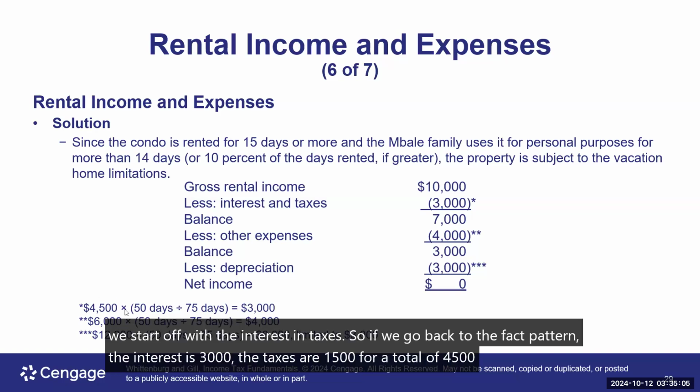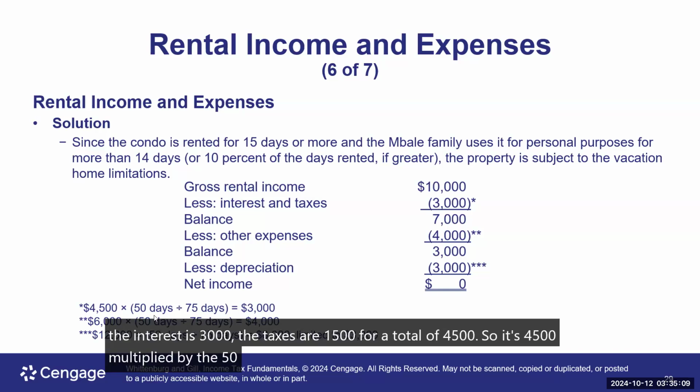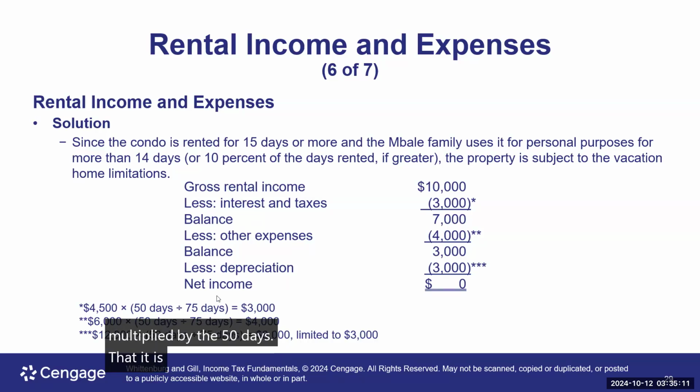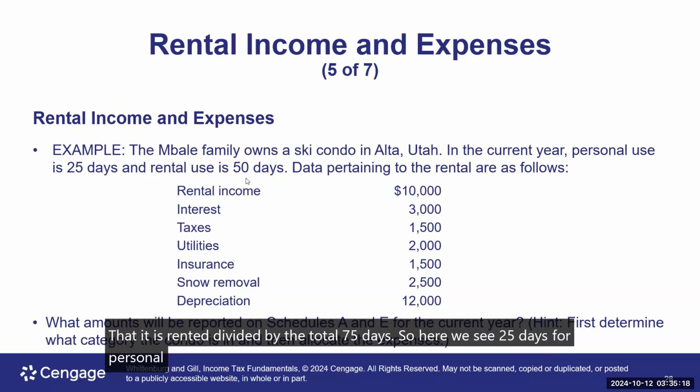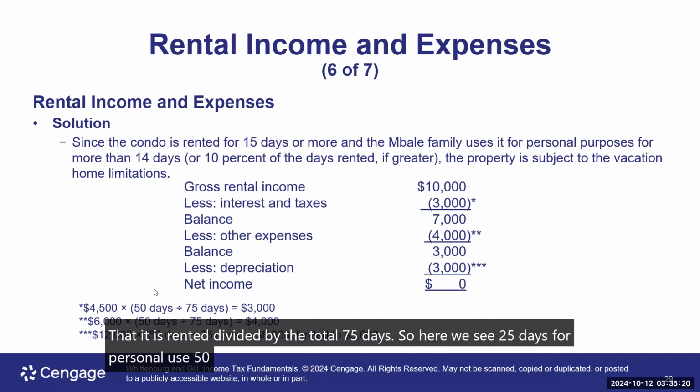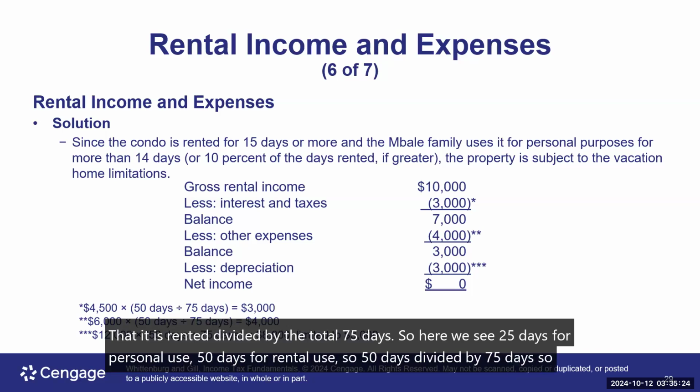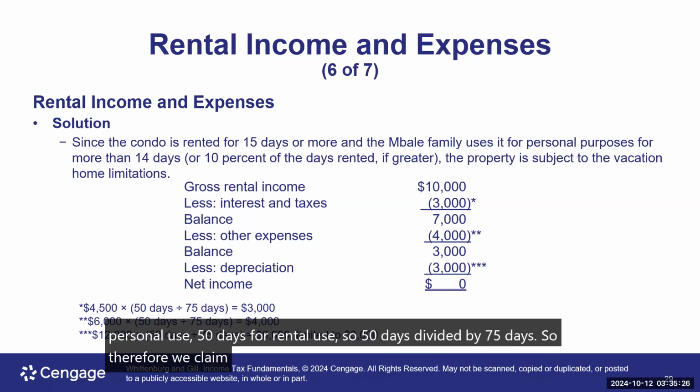So it's 4,500 multiplied by the 50 days that it is rented divided by the total 75 days. So here we see 25 days for personal use, 50 days for rental use. So 50 days divided by 75 days. Therefore, we claim interest and taxes of 3,000. We subtract that first, and it gives us a balance of 7,000.